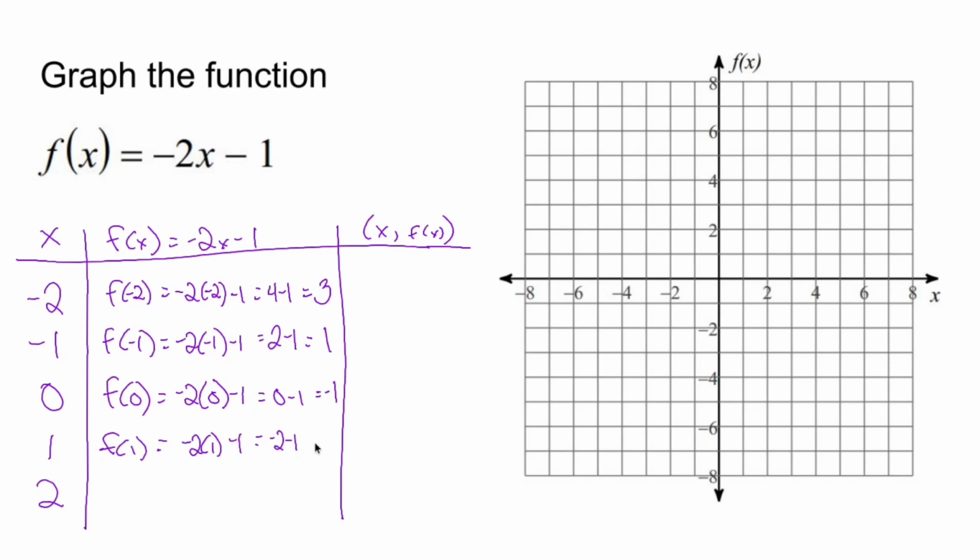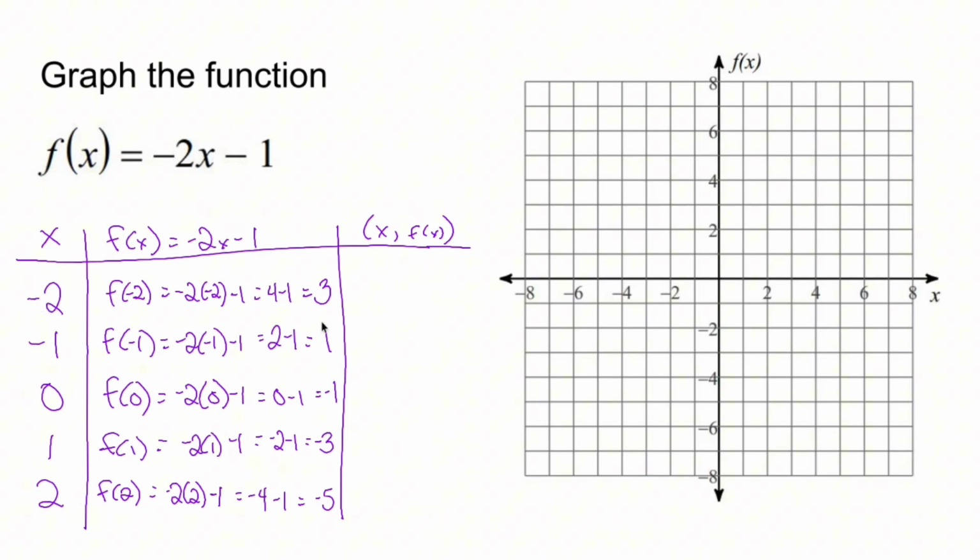Negative 2 minus 1 is negative 3. And then last but not least, I have f of 2, which has me doing negative 2 times parentheses 2 minus 1. Negative 2 times 2 is negative 4, and negative 4 minus 1 is negative 5.